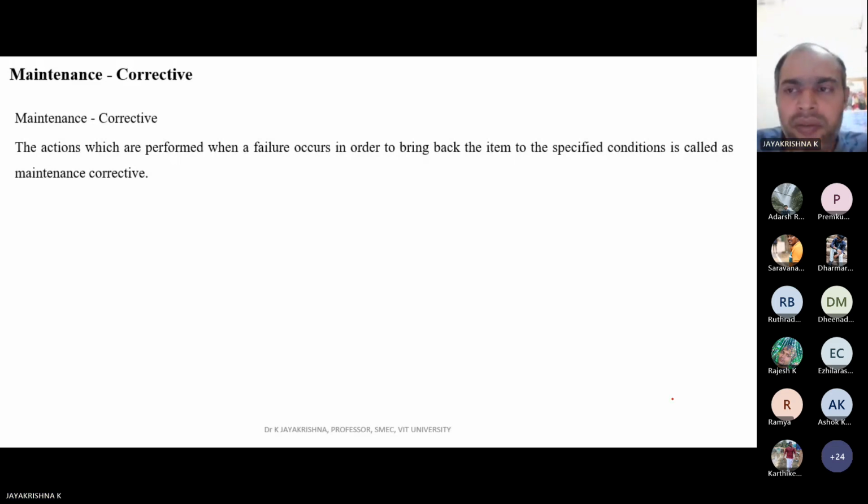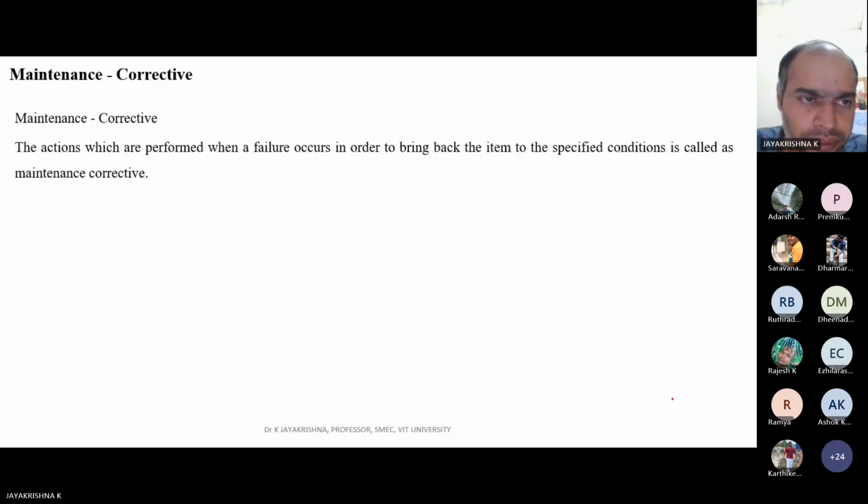When something has failed, only after the failure you go to the machine, diagnose what has happened, repair it, and make it function in its normal or previous state. For example, you got a fever. Only after you get a fever, you go to the doctor, get it diagnosed, and take some medicines to repair your body. That is called corrective maintenance.